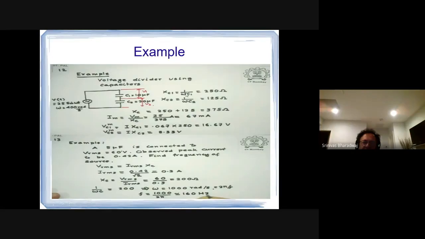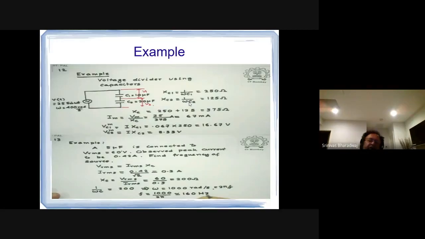Notice that when you do 1 by C1 plus 1 by C2 equals 1 by C, you are doing exactly that here. You are still doing 1 by C1 plus 1 by C2. That's a very, very critical point that you must note.